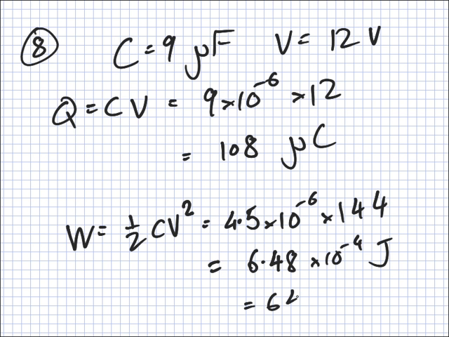So that's 648 microjoules. Yeah. And the last part, which was answered very badly. Everybody did quite well on these 2 parts because it's straightforward. But the last part, I don't even know if anybody got it right.